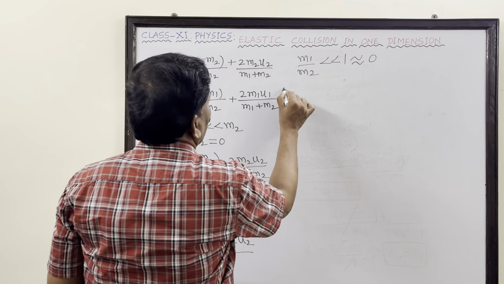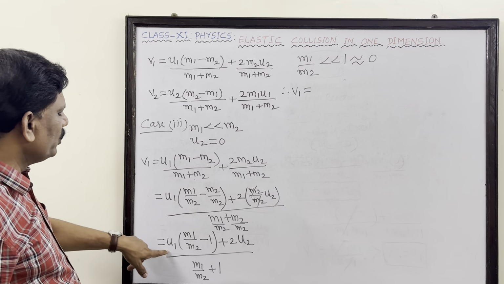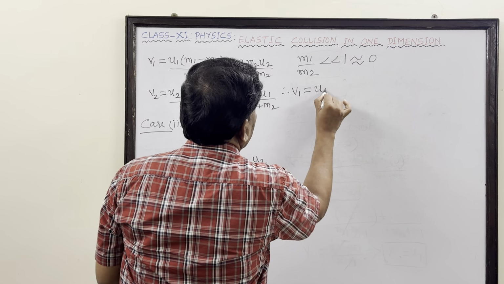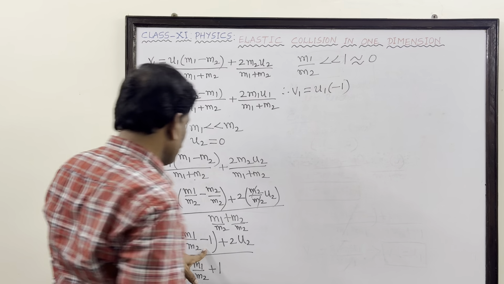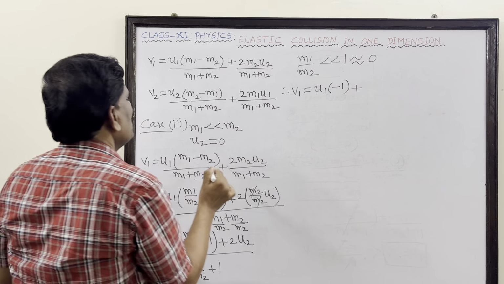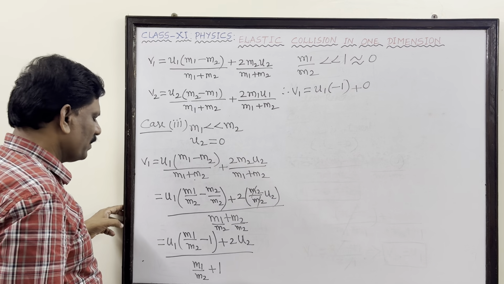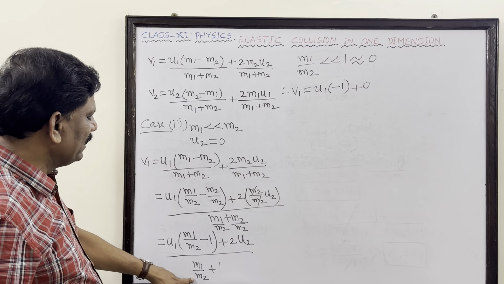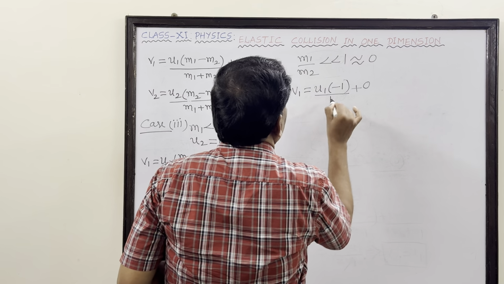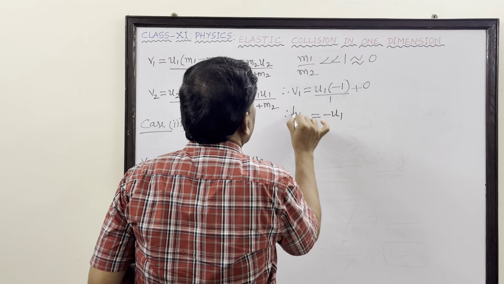So now v1 is equal to u1 into (0 minus 1), which is minus 1, plus the second term. Here also the second body is at rest, so the second term becomes 0 divided by (m1 plus m2), which is 0. So this is divided by 1. Therefore v1 is equal to minus u1.